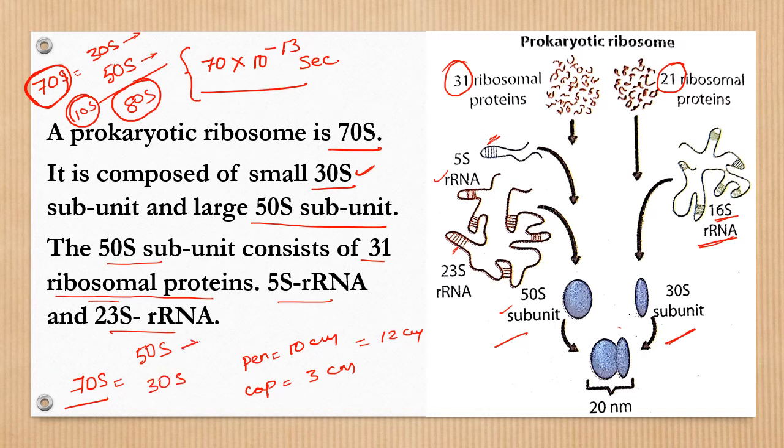The 50S is made up of 5S plus 23S rRNA, and the 30S consists of only one rRNA, that is 16S. The 50S subunit consists of 31 ribosomal proteins, and the 30S consists of 21 ribosomal proteins.